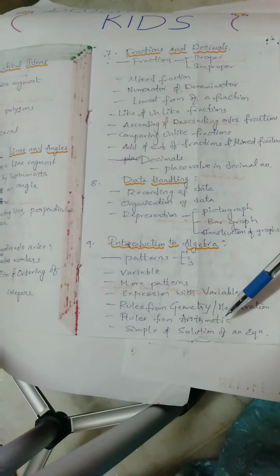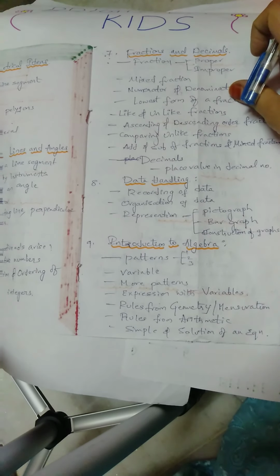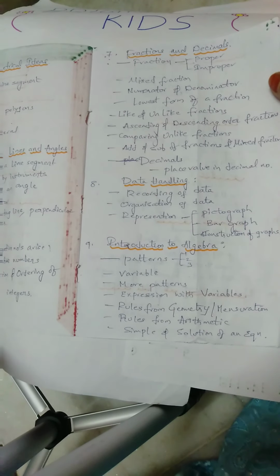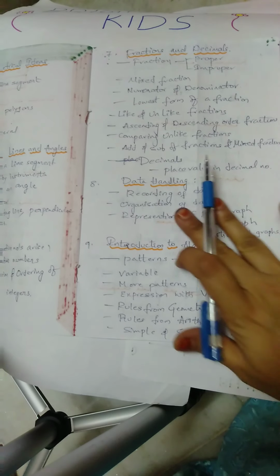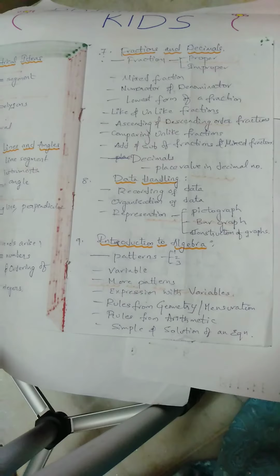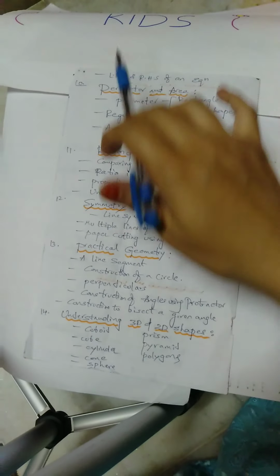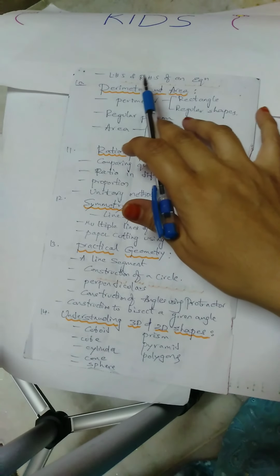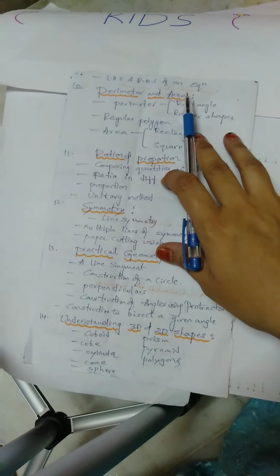Simple equation and solution of an equation. We have to know all these topics in the algebra. That is the 9th chapter. Please take a screenshot of this page. In this we have to know the left hand side and right hand side of an equation also.